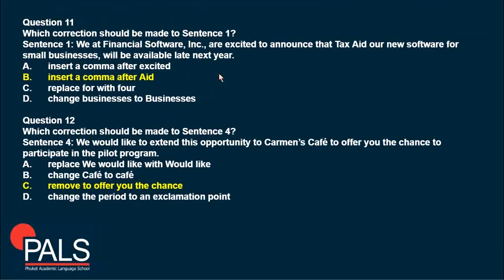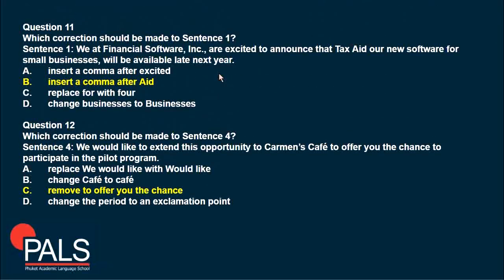Okay, let's take a look at the answers. So yeah, like what I said a while back, try to read it at a proper pace and you will notice that you would need a comma there. Okay, so in question 11, the phrase, our new software for small businesses, is an appositive.